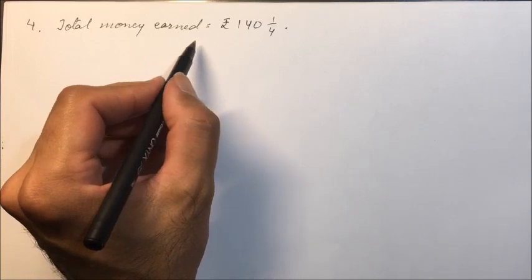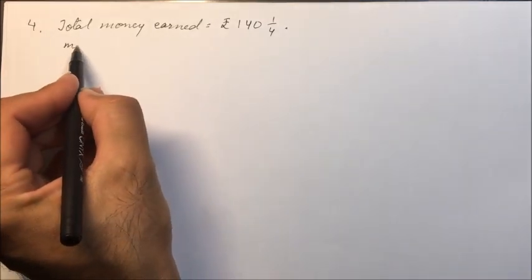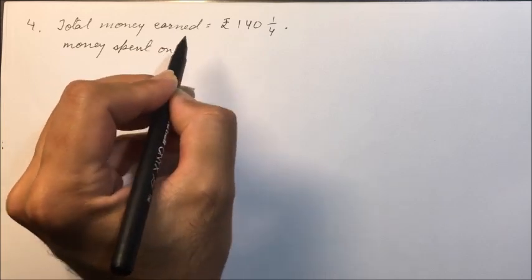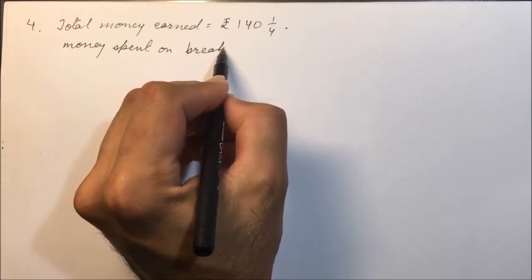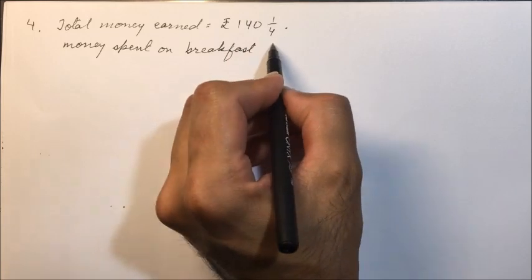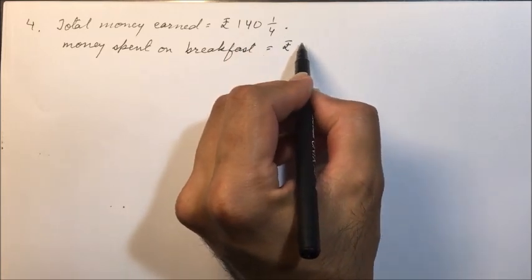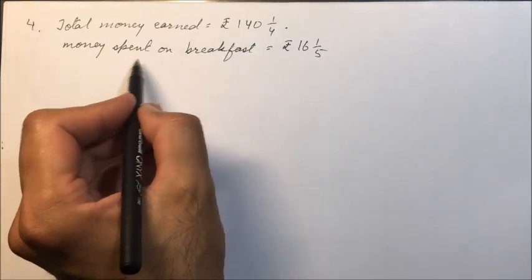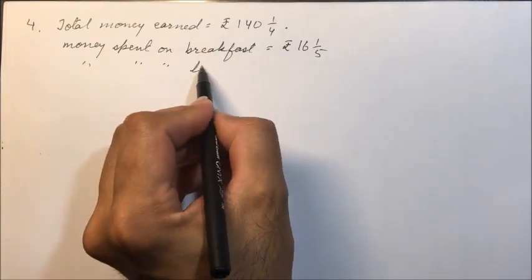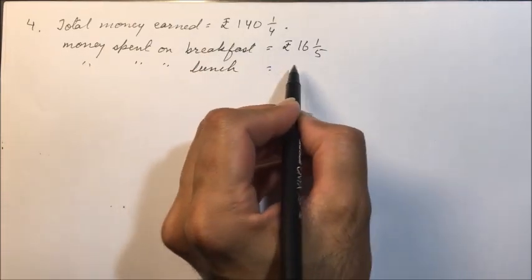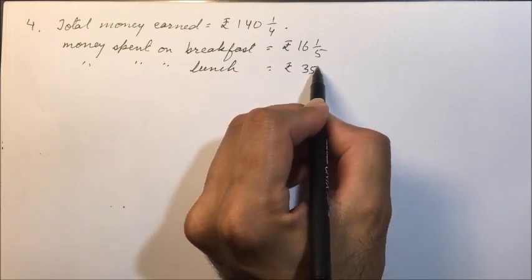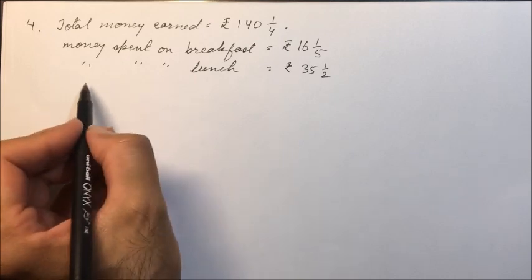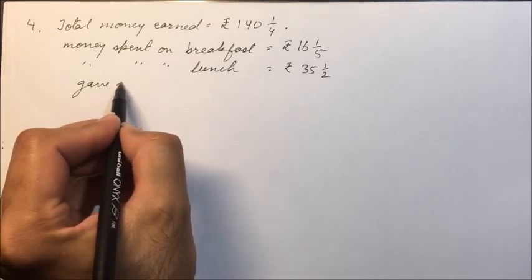He spent on his breakfast, so money spent on breakfast equal to rupees 16 1 by 5, and money spent on lunch. He spent money on lunch, how much? Rupees 35 1 by 2.